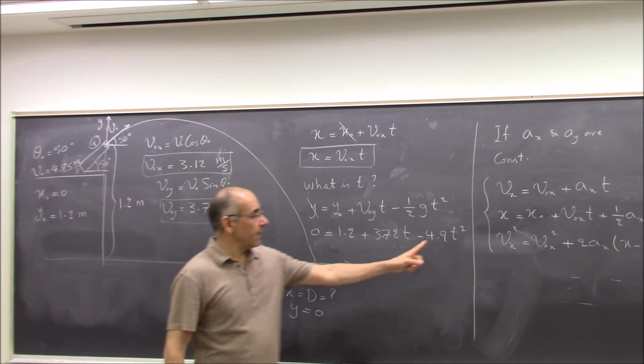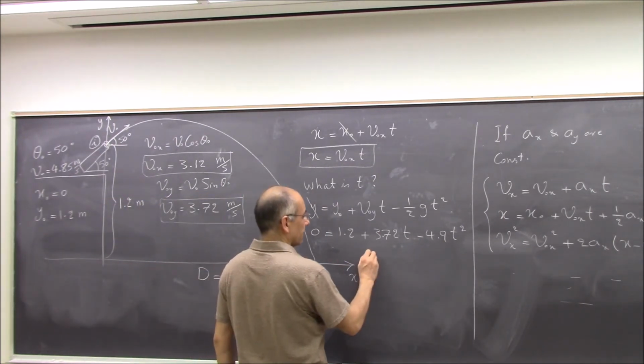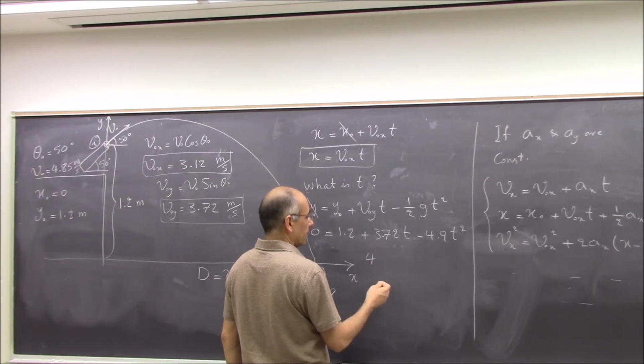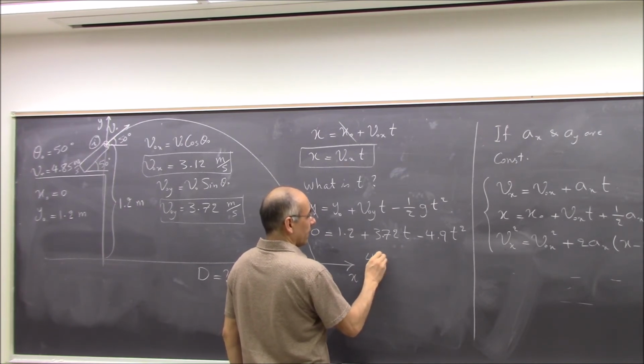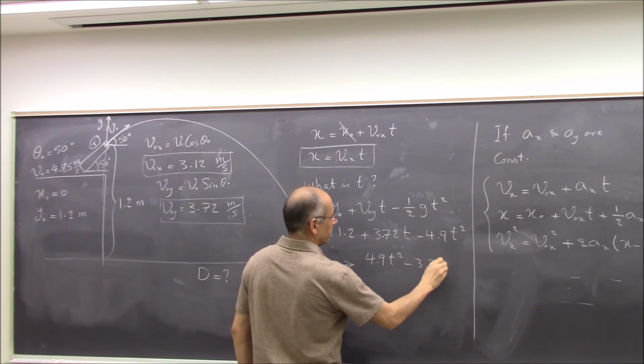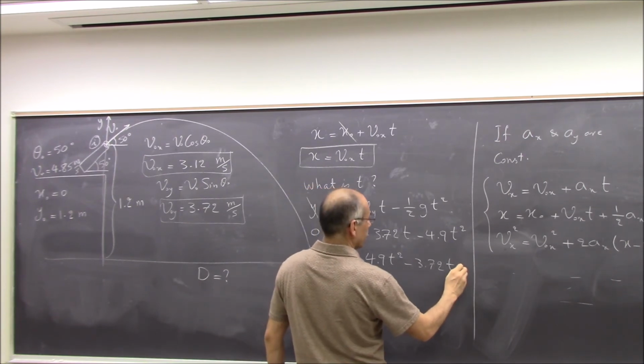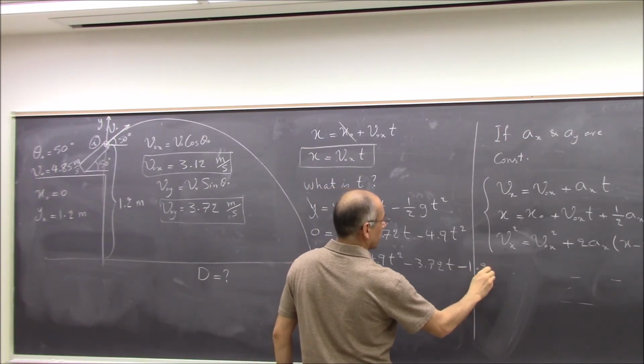I like to have the t squared term positive, so I multiply everything by a negative sign: 4.9 t squared minus 3.72 t minus 1.2 equals 0.